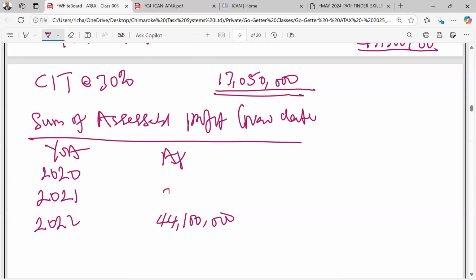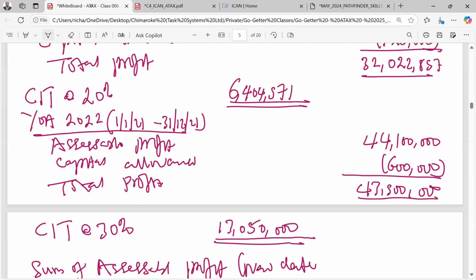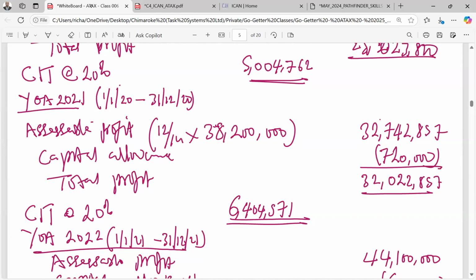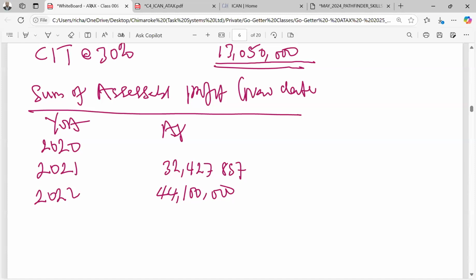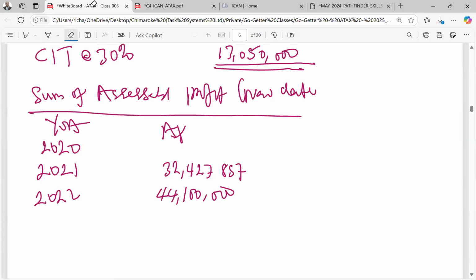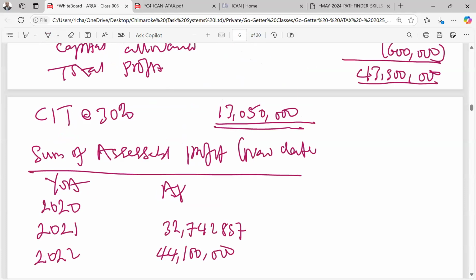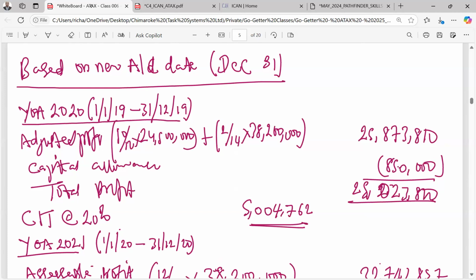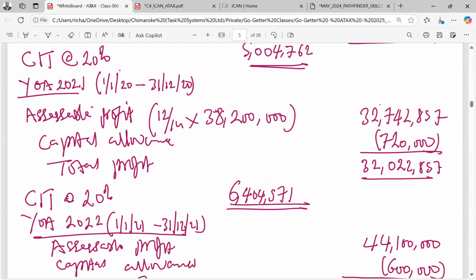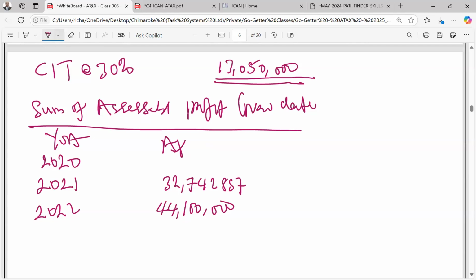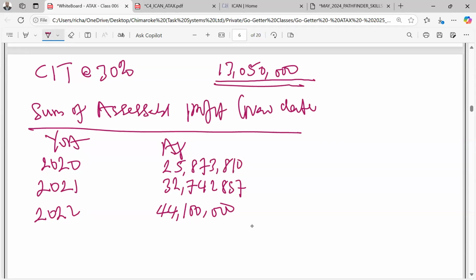This one was 32,742,857, while the other one, 25,873,810. That's 102 million, 102,716,667.